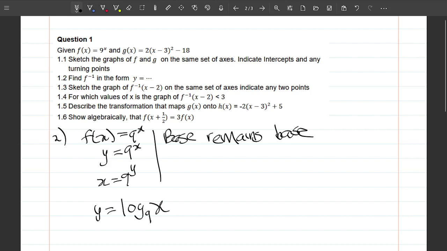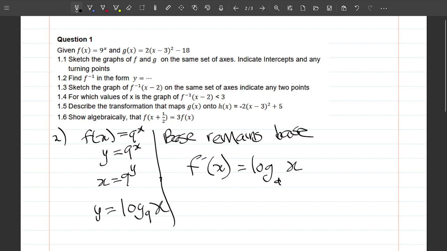So that's it. Then sketch the graph of the inverse of f of x minus 2. So what they mean is take your inverse, and then instead of having an x, put in an x minus 2. So my inverse of x is log base 9 of x.